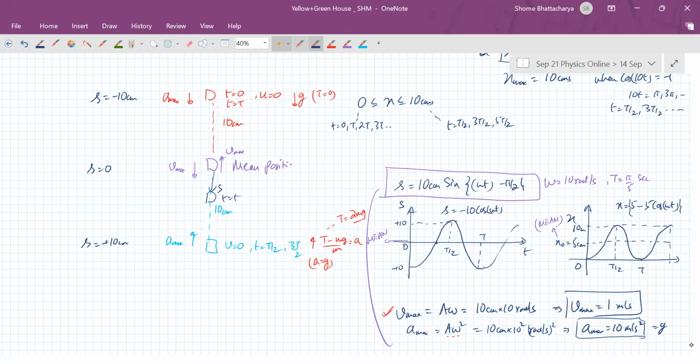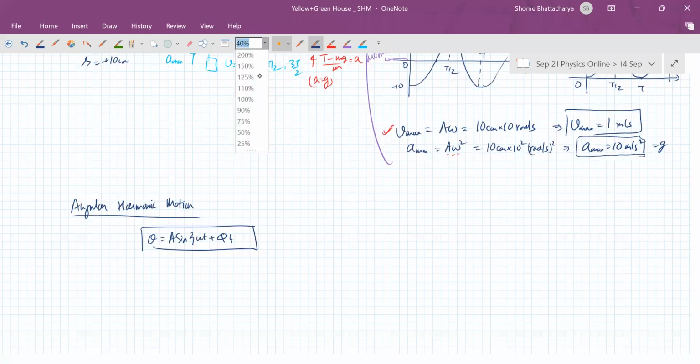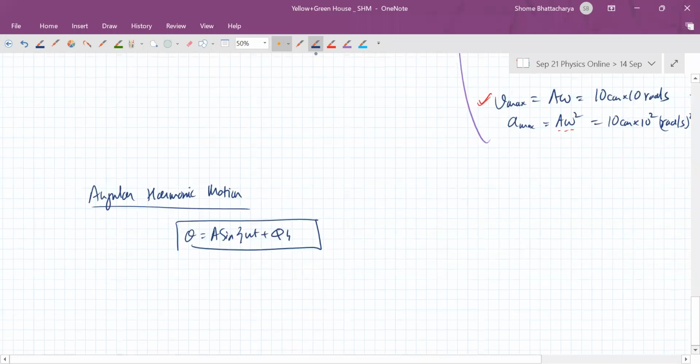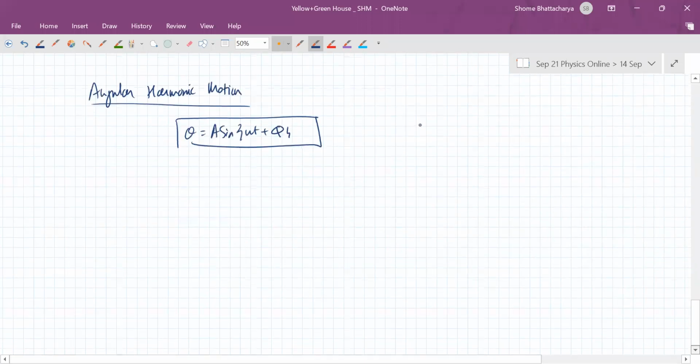Okay, so let's come back to the discussion about angular harmonic motion. So in this, theta is the angular displacement from the mean position. So the mean position is theta equal to 0.